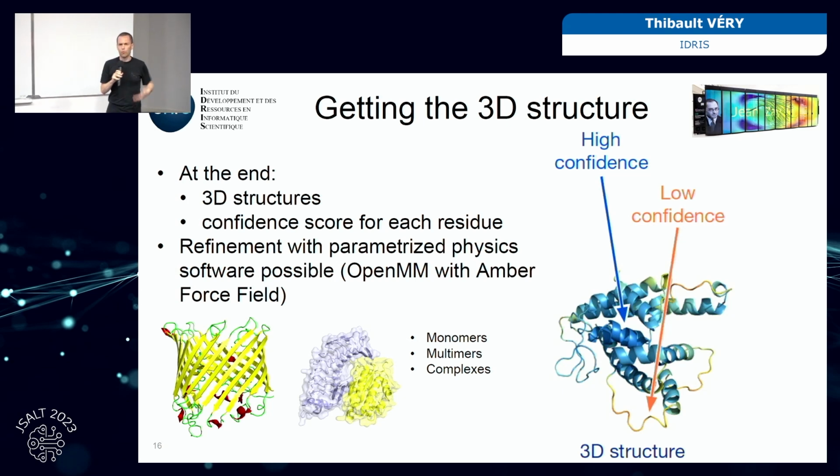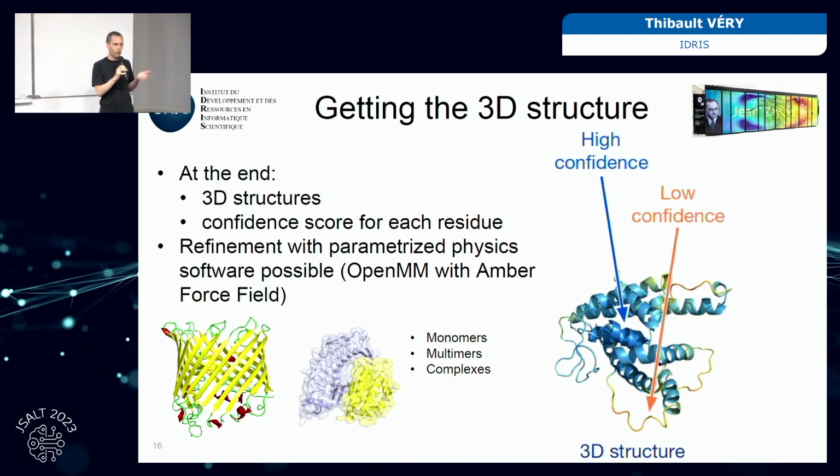Okay, so the model gives you some coordinates, but most of the time you will find some physical problems, some atoms that are too close, or you need some refinement. And here, what we can do, that's not mandatory, depending on what you want to have, is to perform a relaxation with a molecular dynamics code. In AlphaFold, it's OpenMM.